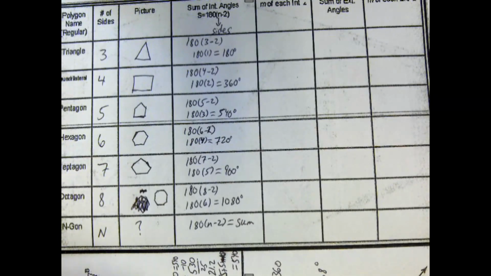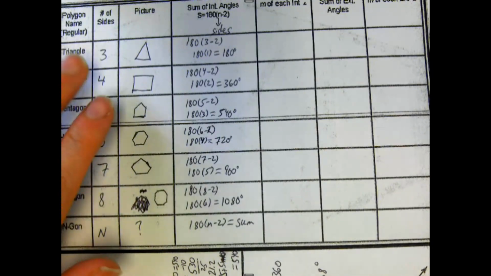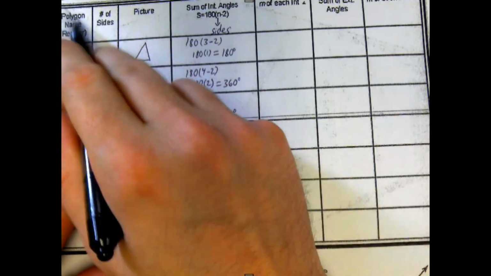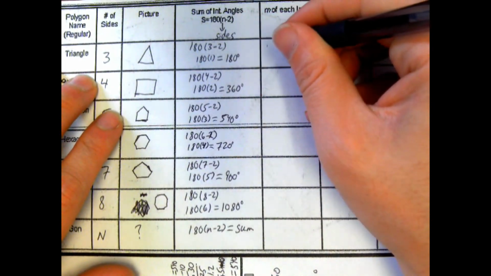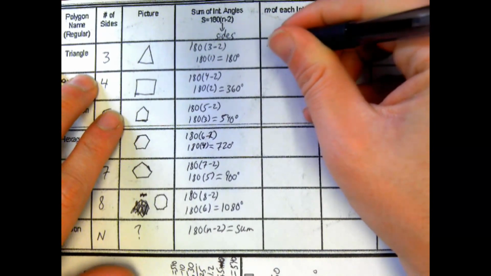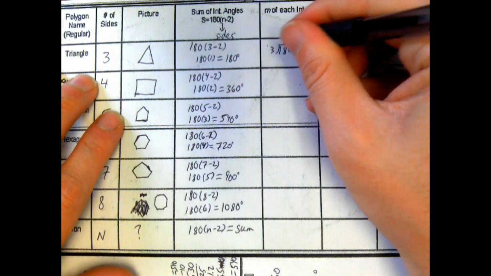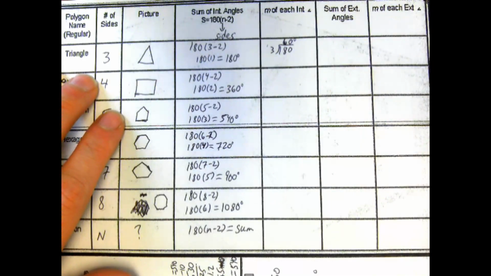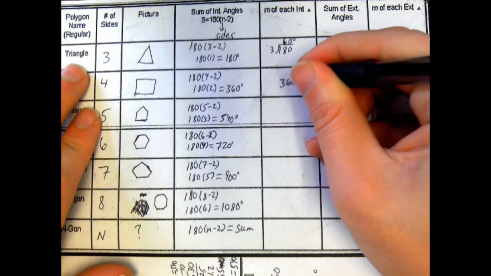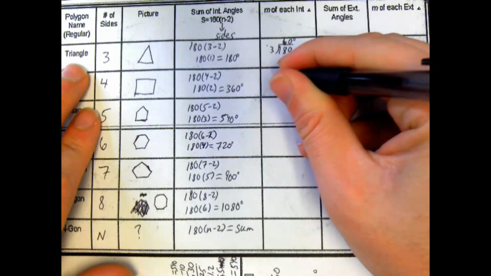And then the measure of each interior angle for a regular polygon, because we're talking about regular polygons here, is going to be the sum of the interior angles divided by the number of sides. So in this case, that would be 60 degrees. So like an equilateral triangle has 60-degree angles. This would be 360 divided by 4.